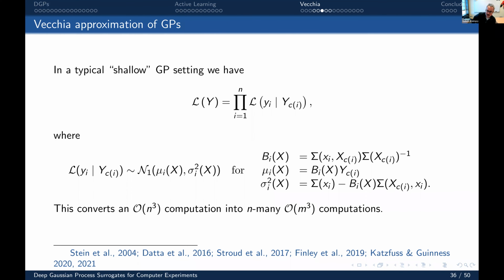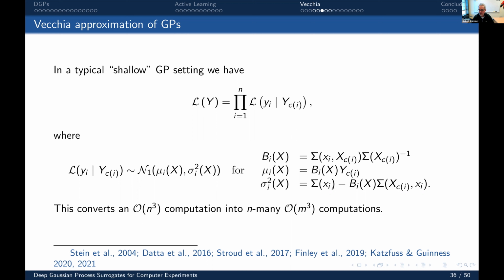On this slide, I give you one view of the Vecchia approximation, where the conditional distributions in the log likelihood are expressed as univariate Gaussians. These univariate Gaussians are like the predictive equations. These are the same predictive equations that we had before, but they're like the in-sample predictive equations.